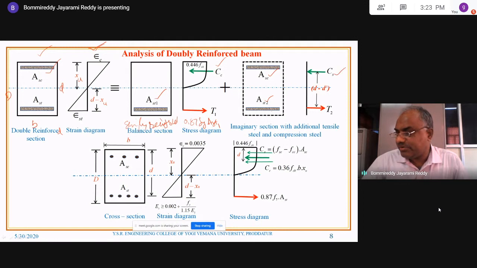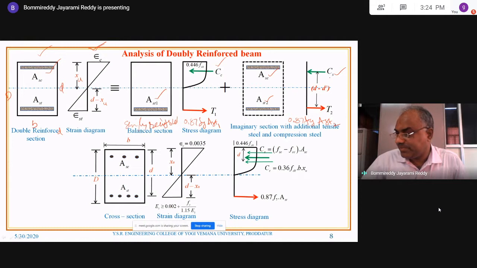CS means compressive resistance of the compression steel reinforcement. And T2 is the tensile resistance of the extra steel reinforcement. What is T2? T2 is nothing but 0.87 Fy into AST2. Here AST2, you write this.